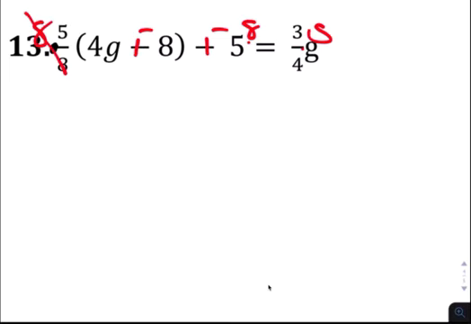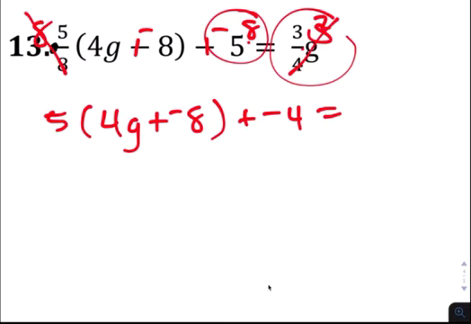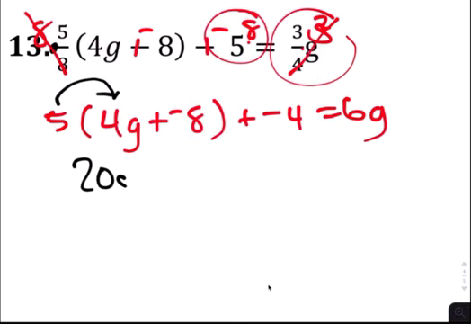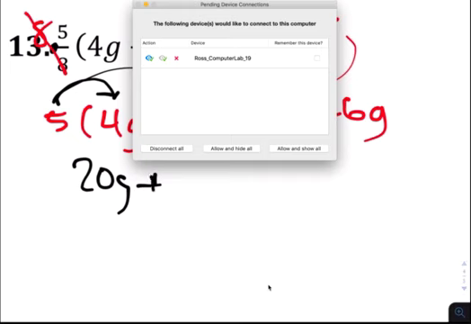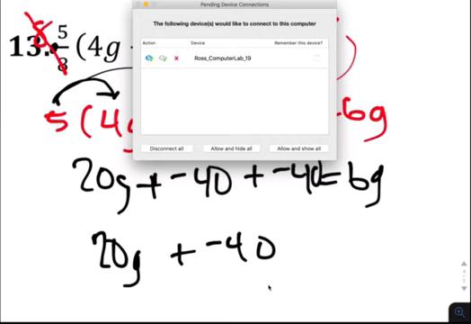You get 1 times 5 is 5, 4g plus negative 8 plus, this is a negative 40, equal, cross cancel, that's 2, 2 times 3 is 6g, okay, distribute, 20g plus negative 40, that's negative 80.